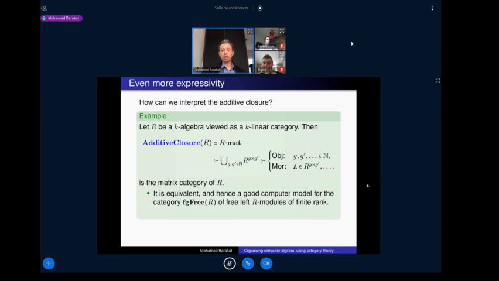And this category is equivalent, and hence an excellent computer model, for the category of finitely generated free left R modules of finite rank. So now we say additive closure of R, and you see the expressivity. I want to express finitely generated free modules. I take a ring, view it as a K-algebroid on one object, and just say additive closure, which is simply a categorical construction.